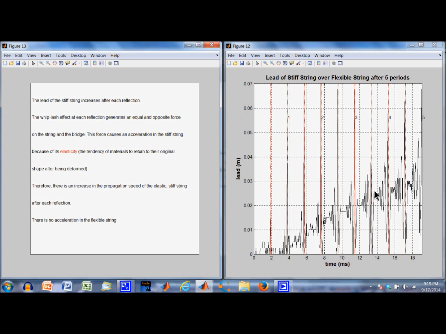The thing to pick out of this graph is that at each reflection, the level of the lead takes a step change increase. So what's happening is the effect of the reflections is causing this lead. So the stiff string is propagating more quickly as time goes on.